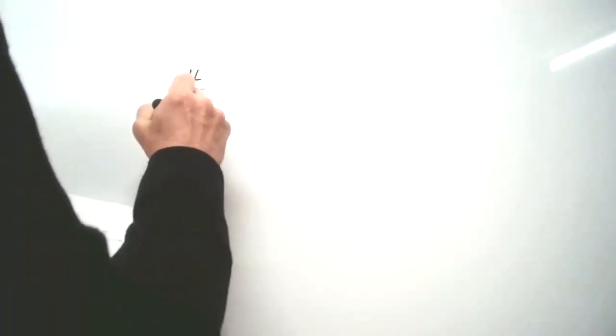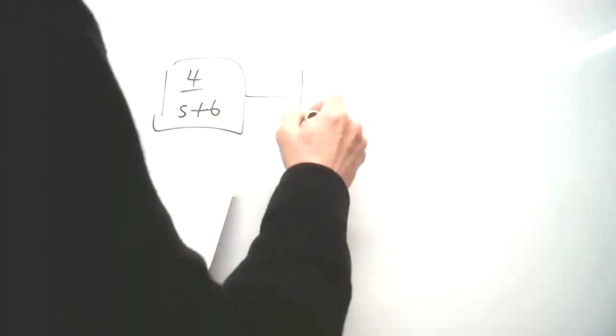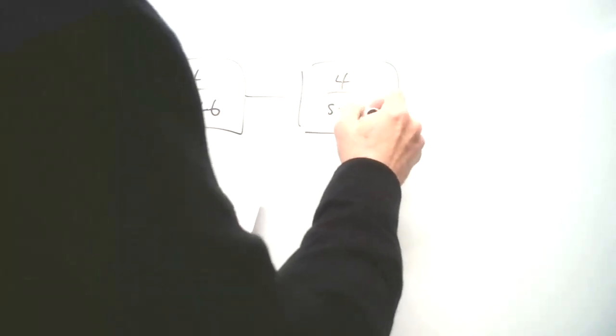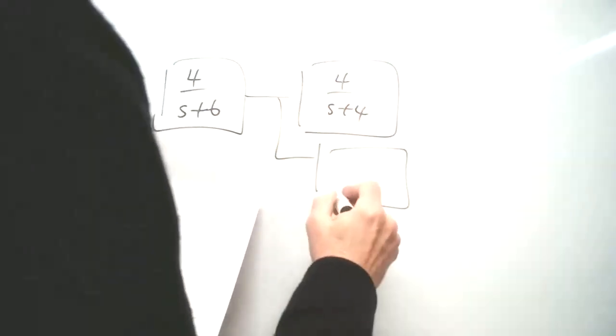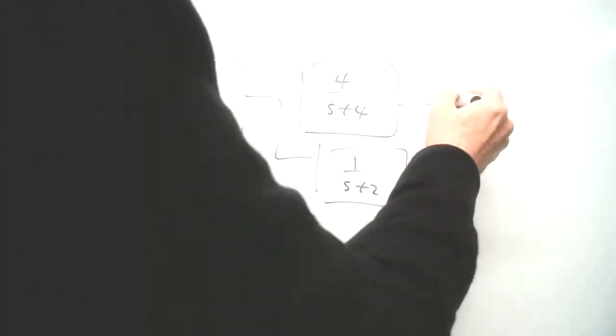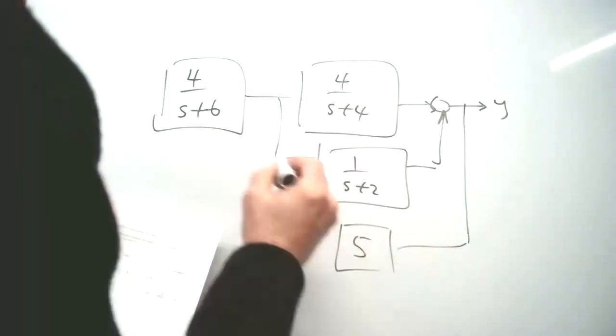So you've got a 4. This is the same block diagram now. Then here we had a 4 over s plus 4. Here we had a 1 over s plus 2. Those are added together. And that's the output y. And then here we add the 5.